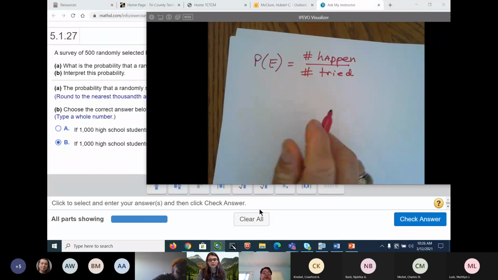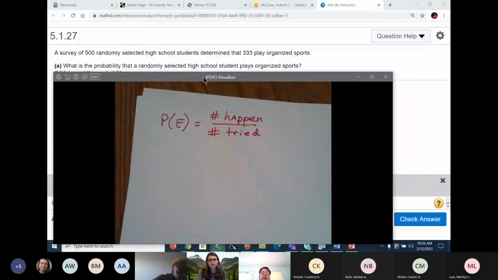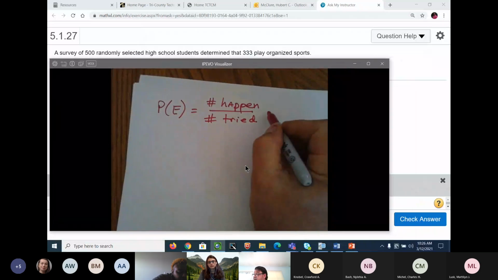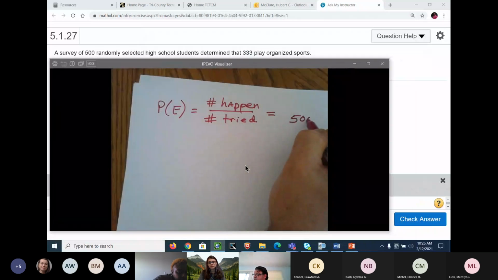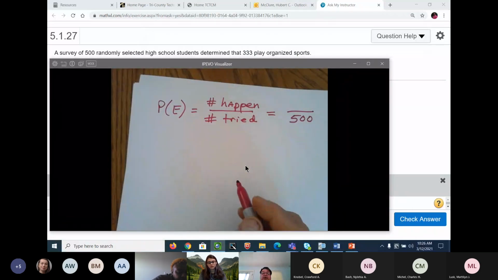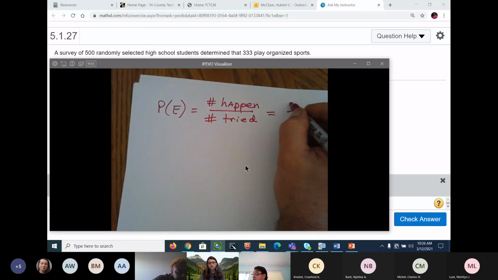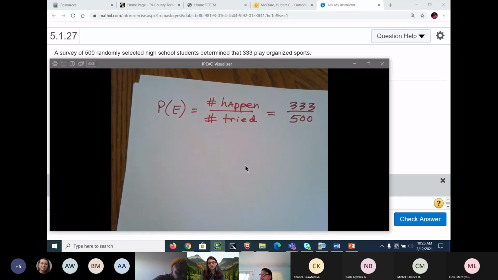N is always going to be your denominator. So in this case, N is 500. How many times did something actually happen? 333 actually play organized sports. So that would be your answer. It's always a fraction.